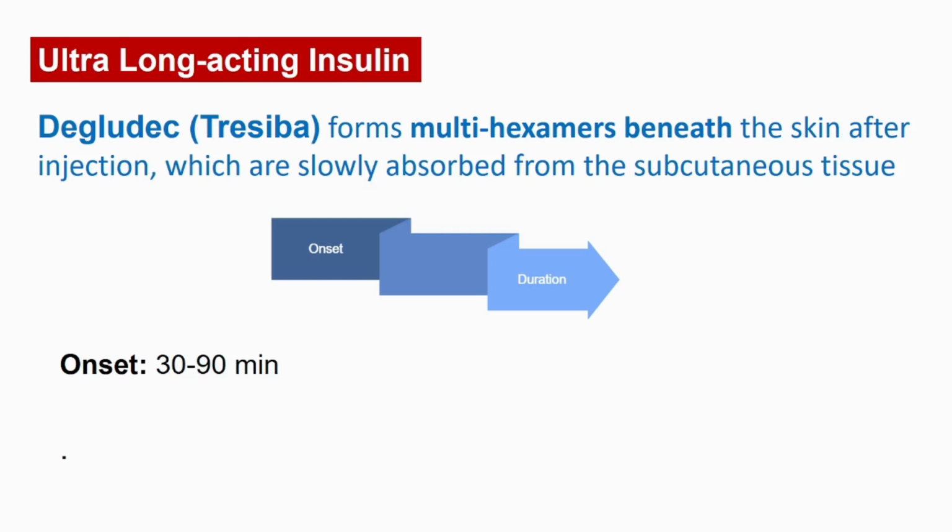There is no peak, so there's a lower chance of having hypoglycemia. Onset can be 30 to 90 minutes, with no peak, and the duration of effect is up to 48 hours. So this insulin has some flexibility in daily dosing because of the longer duration of effect.